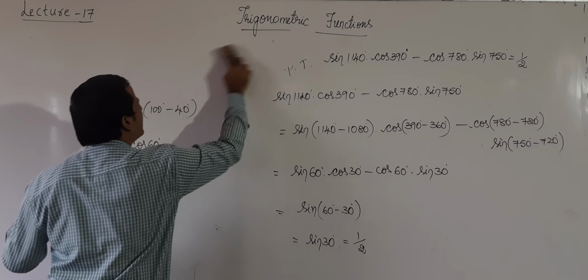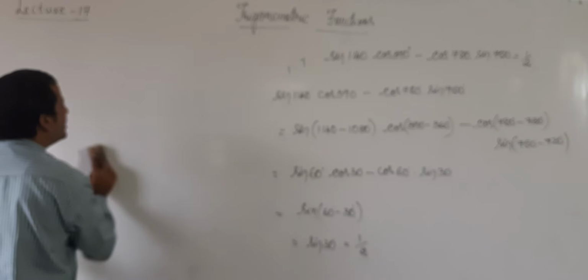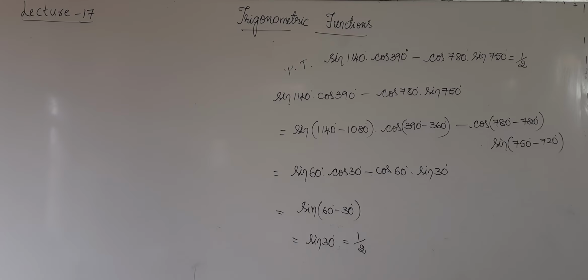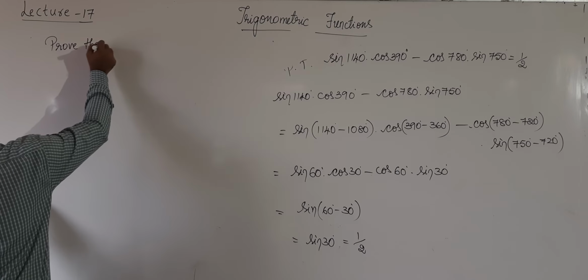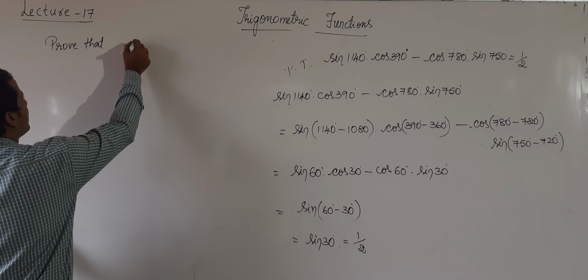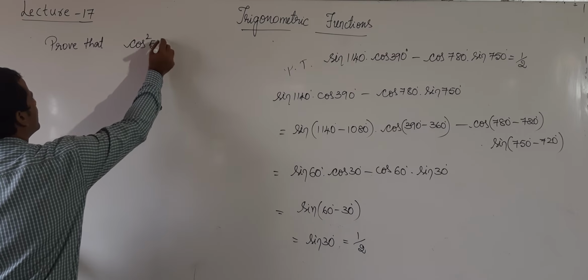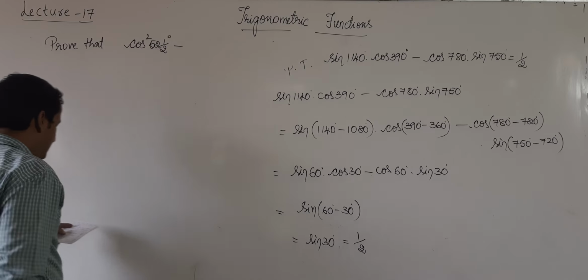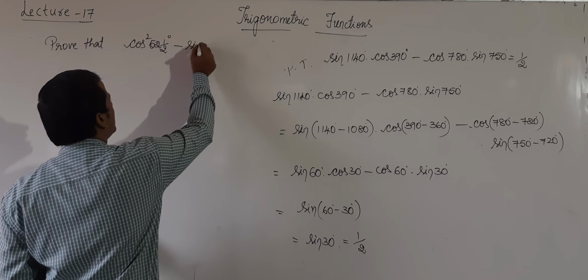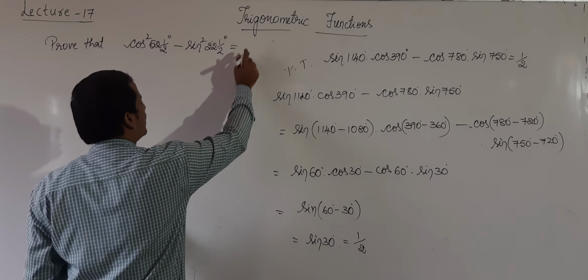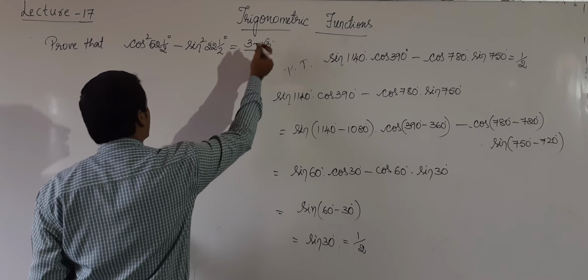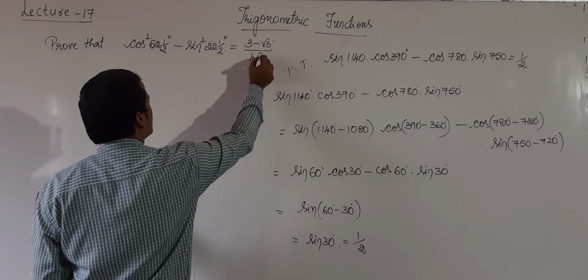Let me solve one more problem before I stop this class. Prove that cos square 52.5 degree minus sin square 22.5 degree is equal to 3 minus root 3 divided by 4 root 2.